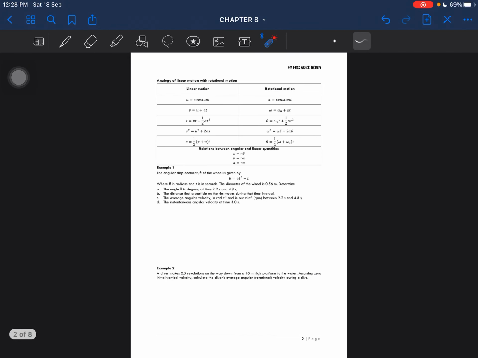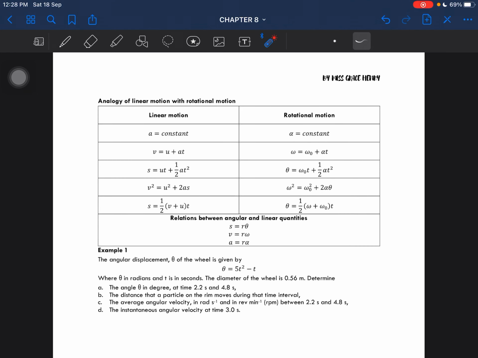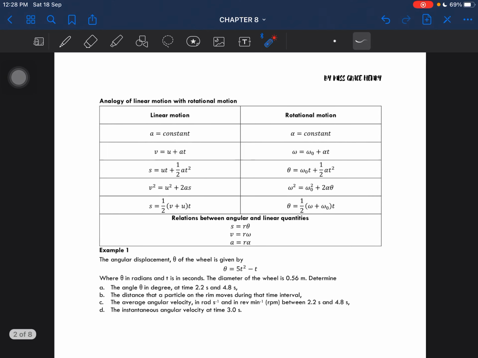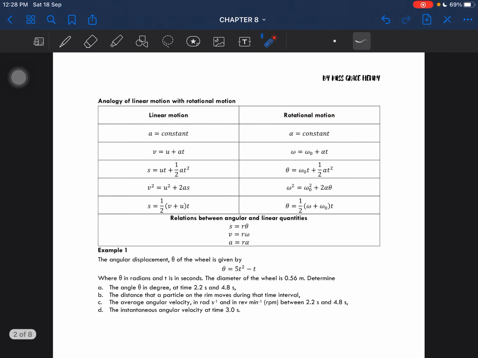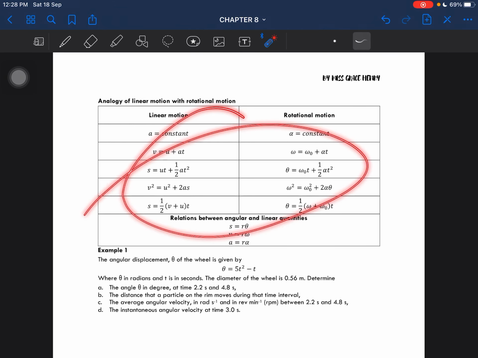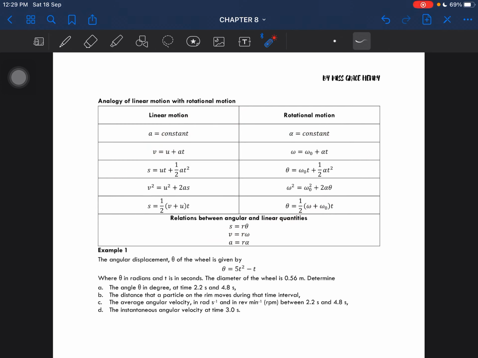So this is the analogy of linear motion with rotational motion. We've learned linear motion, for example v equal to u plus at and so on. If we were to relate this to rotational motion, this is the table that you have to see to understand. Linear acceleration is constant, which is the same with angular acceleration, constant too.